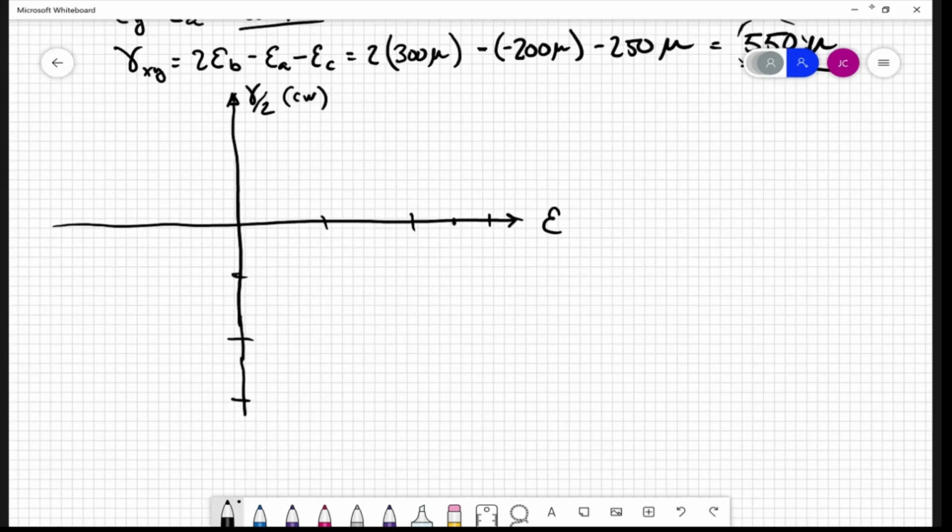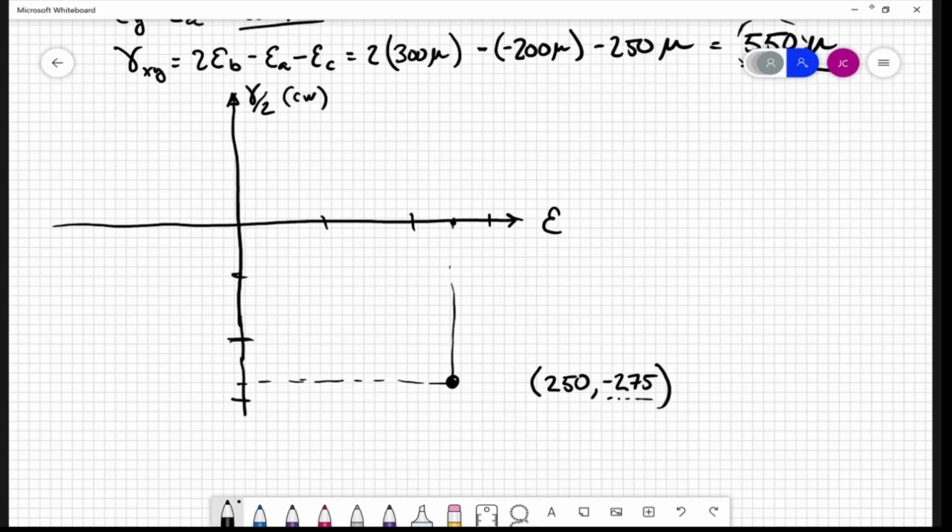So if this is minus 100, minus 200, minus 300, minus 275 is about there. So that gives me 1 point on Mohr's circle right here. So that's at 250, minus 275, right? Again, remember, the shear strains are divided by 2.